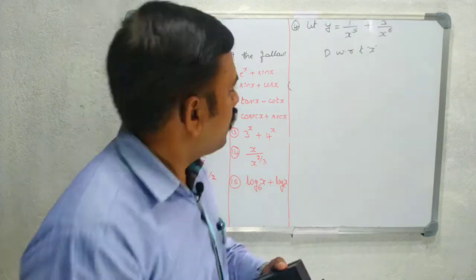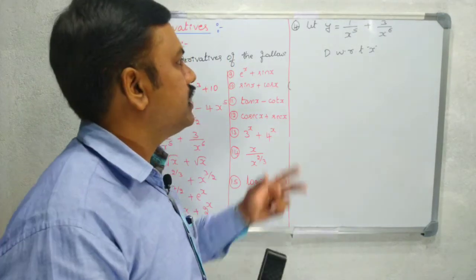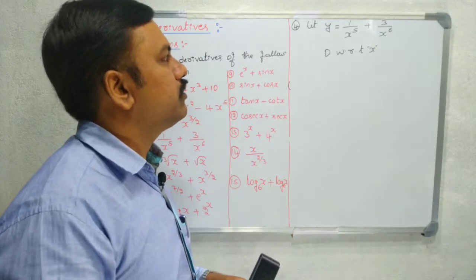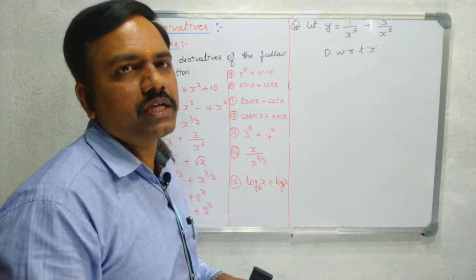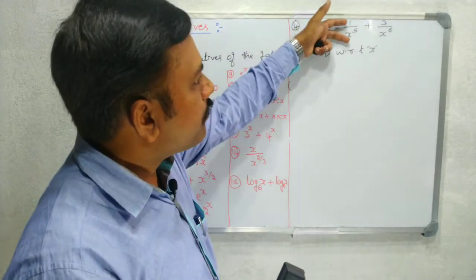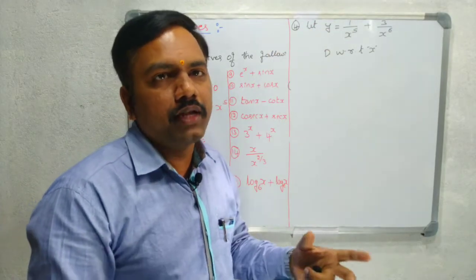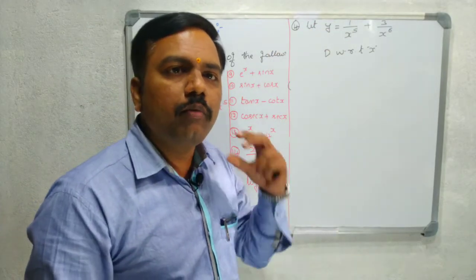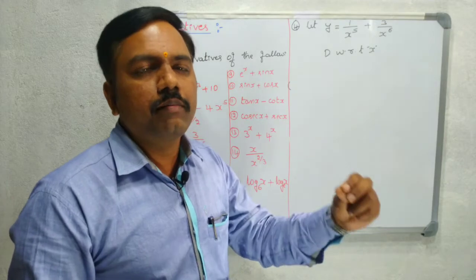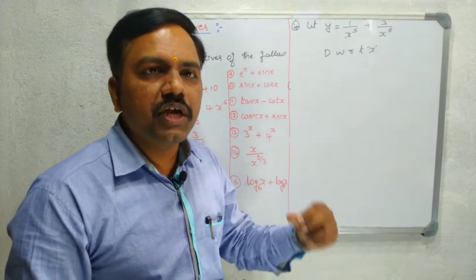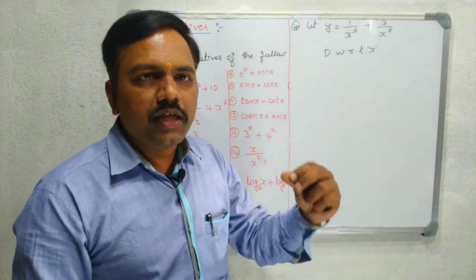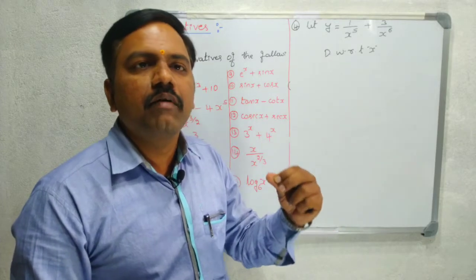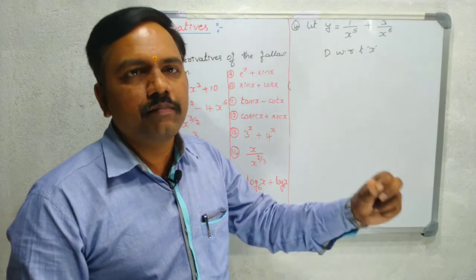Is it clear? Okay students, I move on to the next problem, that is y is equal to 1 divided by x to the power of 5 plus 3 divided by x power 6. It is in the form of 1 divided by x power n. So I already told about the formula of 1 divided by x power n. If we differentiate 1 divided by x power n, that gives minus n divided by x to the power of n plus 1.